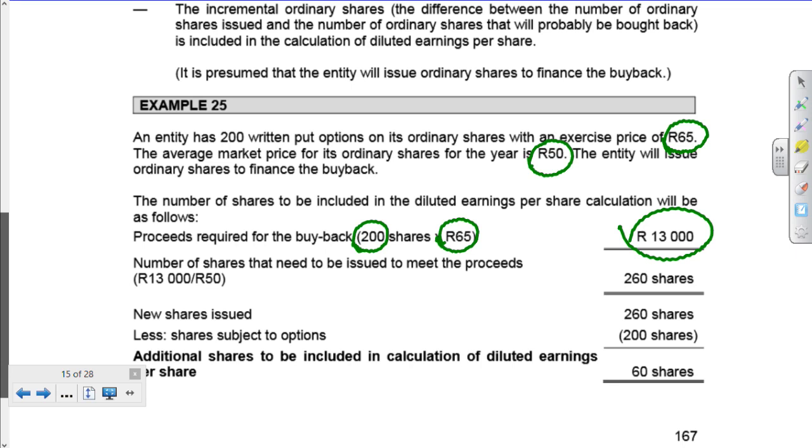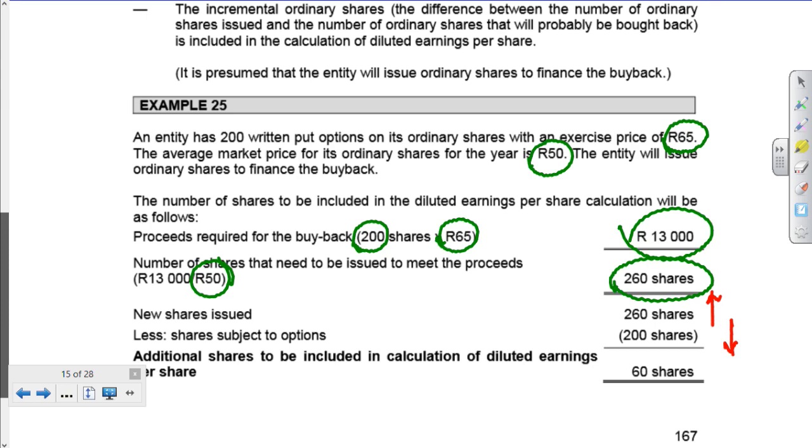The number of shares that I need to issue is divided by 50 Rand, isn't it? 260 shares. So this is what will happen to my weighted average number of shares. My weighted average number of shares will go up by 260 because those will be the shares I will issue in the market, and they will come down by the 200 because those are the ones I'm buying back from the shareholders. And there will be a net increase in shares of 60. Yeah?